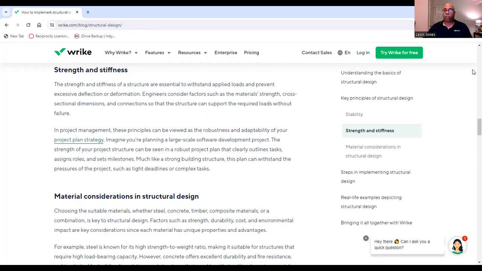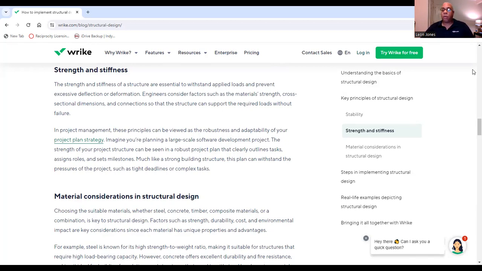Because if there's a failure in the structure, believe me, just like that walkway that collapsed in Kansas City, and that bridge that collapsed in Baltimore after a ship hit it, and the other building that collapsed at the University of Miami, there are going to be failures.